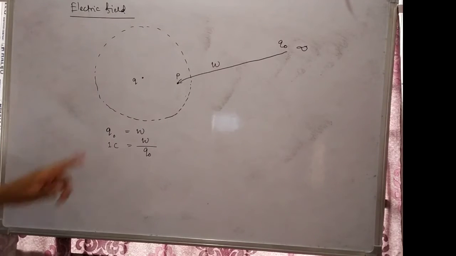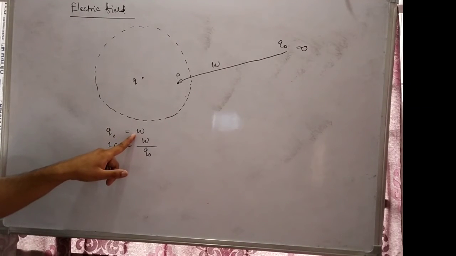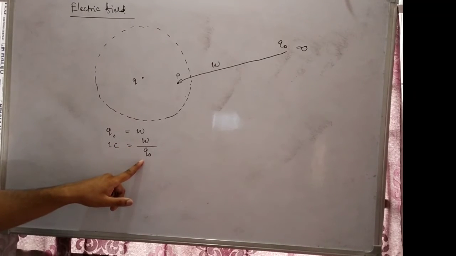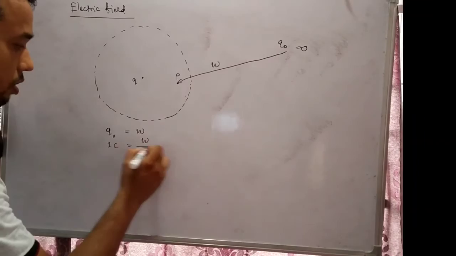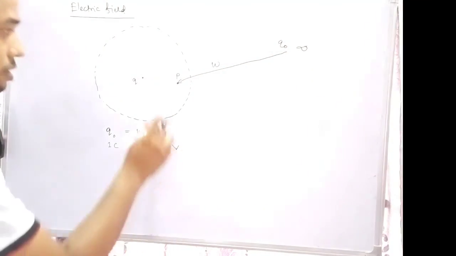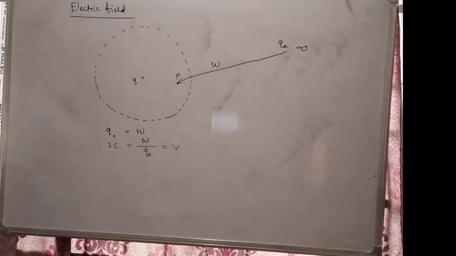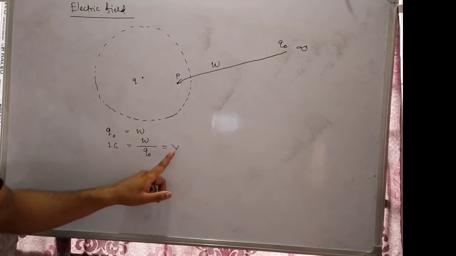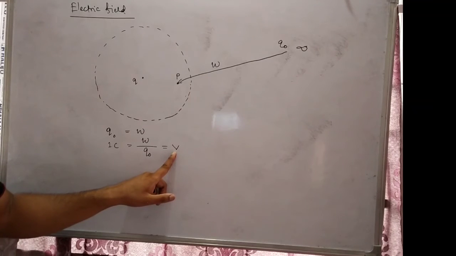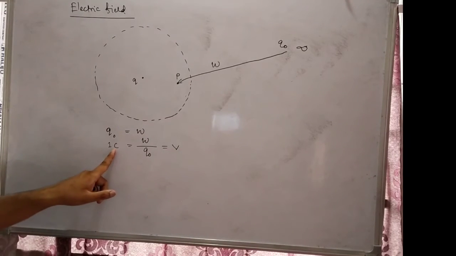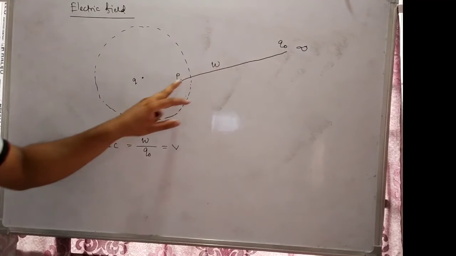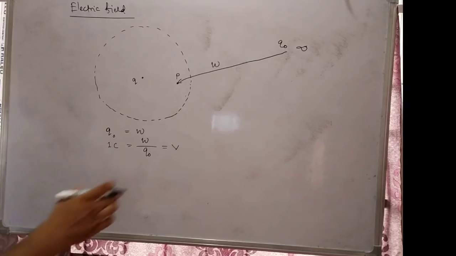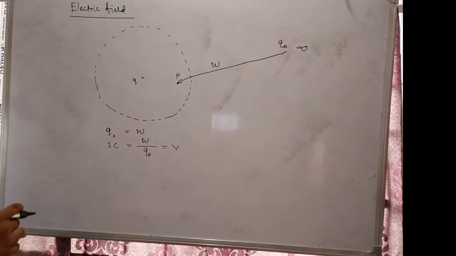Unitary method: if for Q naught, W amount of work is required, then for 1 coulomb, W by Q naught will be required, and that work done is called electric potential at this point P. That means electric potential is the amount of work done required to move a unit positive charge from infinity to this point. So this is our electric potential.